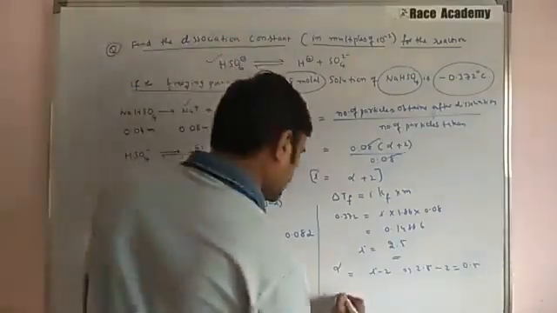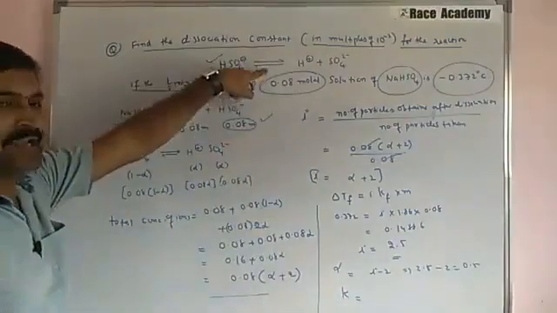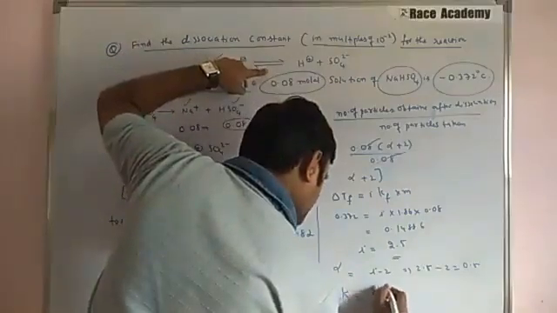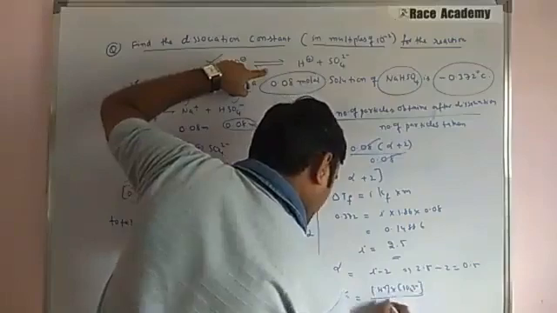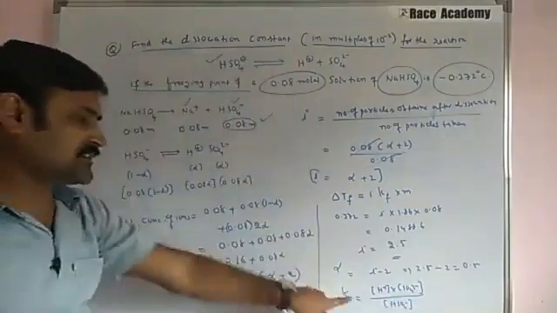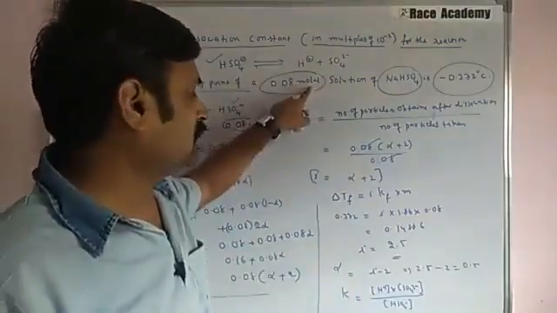So what is the bisulfate ion dissociation constant? K is equal to, from this expression, we can write H plus ion concentration into sulfate ion concentration by bisulfate ion concentration. H plus ion concentration can be calculated by multiplying the number of moles given into alpha.